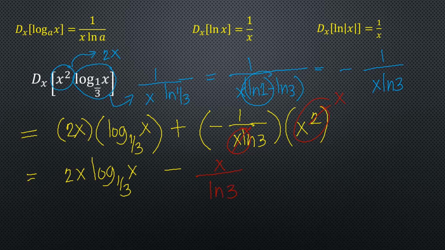So we're writing that again, so we have 2x times logarithm of x to the base 1/3 minus x over ln of 3. So it matters that you really recall the different rules of logarithm, and with these rules, you play with them and are able to simplify. So logarithm rules are really essential in this case.